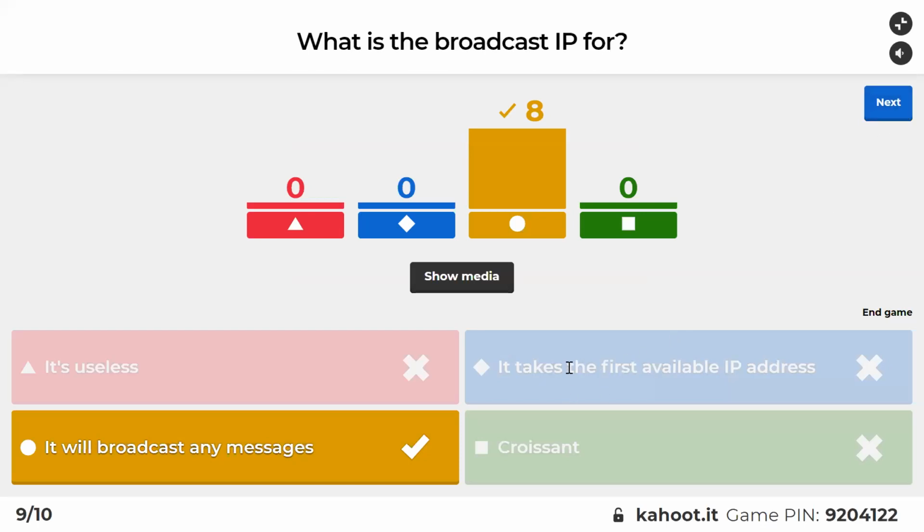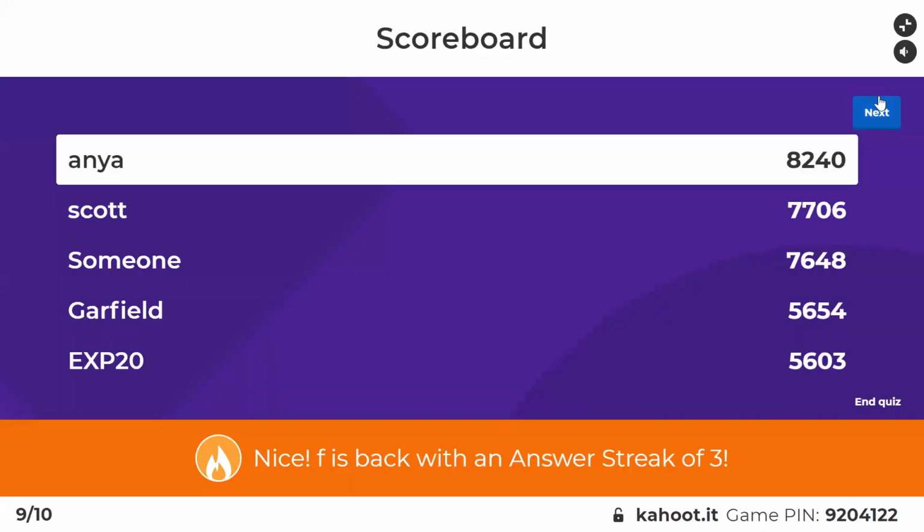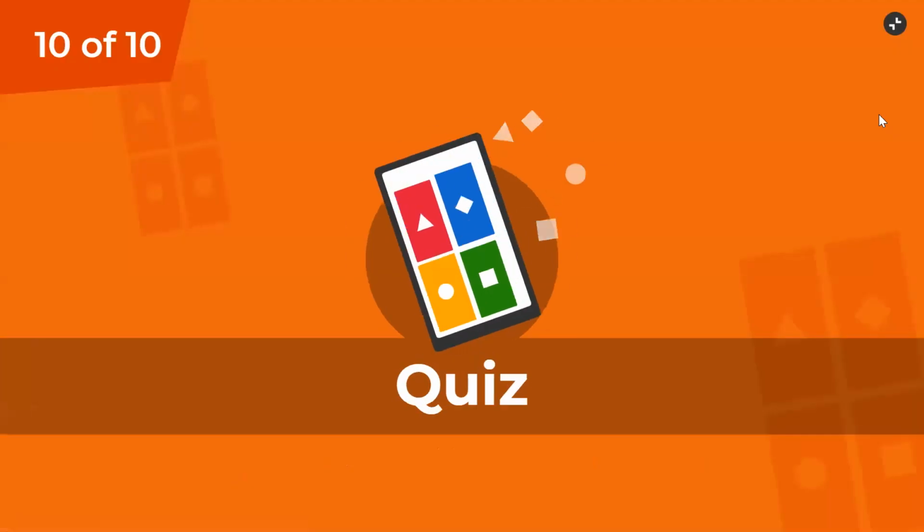For anyone who's thinking about blue, the first available IP address is the network's. Broadcast is always the last. Okay, leaderboard remains unchanged, and I don't think the score's gonna change because the next question's redundant.